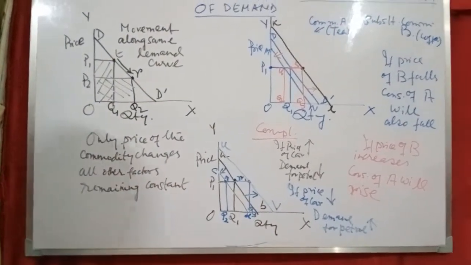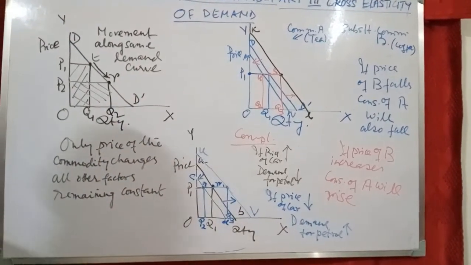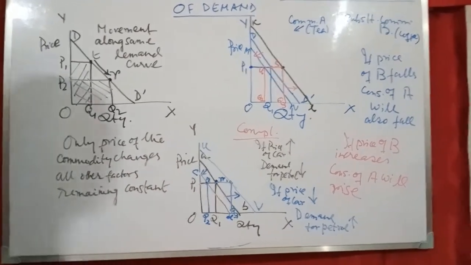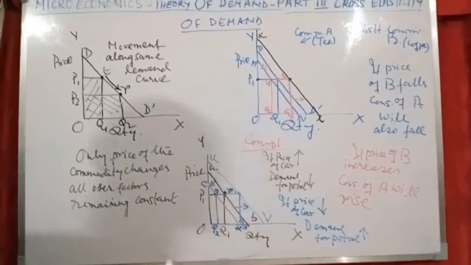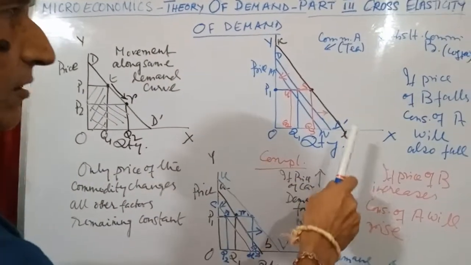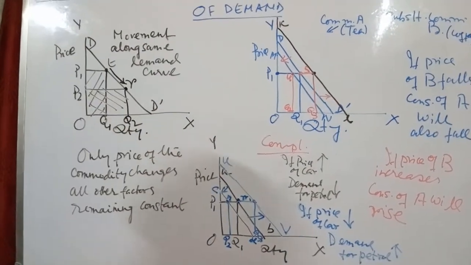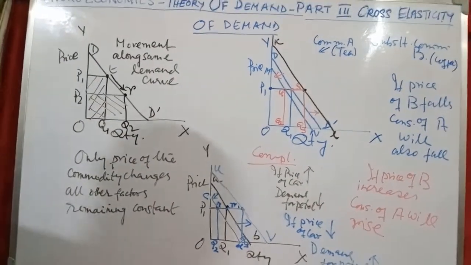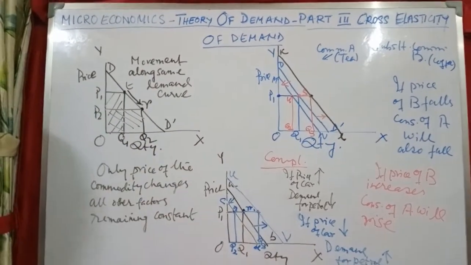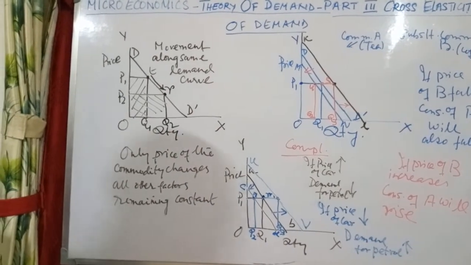Only price of substitute commodity and complementary commodity are changing. In that case, when price is held constant, the demand curve will shift either rightward or leftward depending upon whether the commodity is substitute or complementary and whether the price of the substitute or complementary commodity is increasing or decreasing.